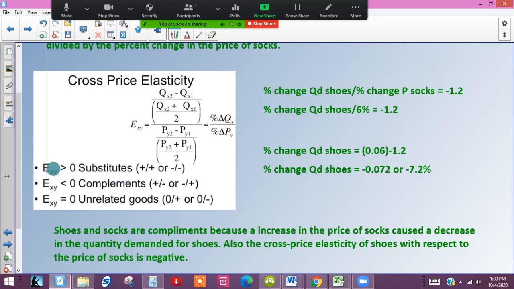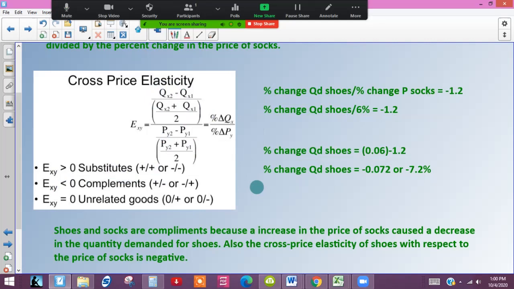If they're moving in the same direction, if one goes up and the other one goes up, for example, if the price of turkey hot dogs goes up, and so the demand for chicken hot dogs goes up, that means they're substitutes.